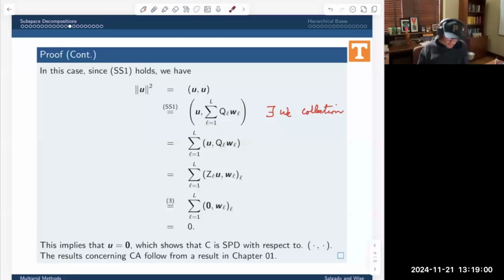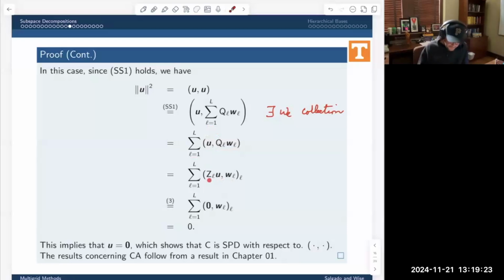That's because I have a subspace decomposition. Now I can use the linearity of this inner product to pull this sum out front. I get this. I can throw this QL to the other side to get a ZL against WL, right? I don't know what these WLs are, but I don't care.